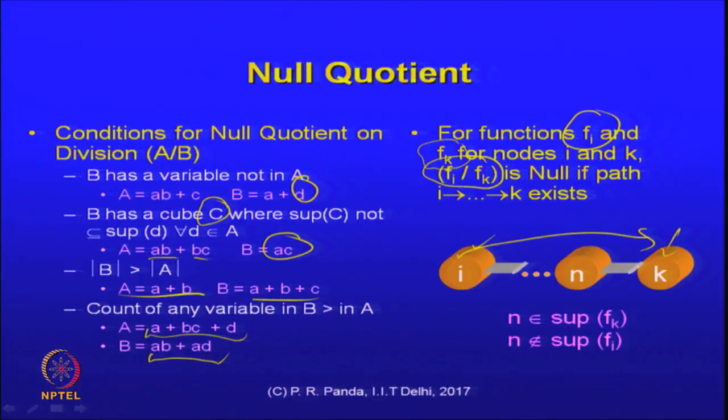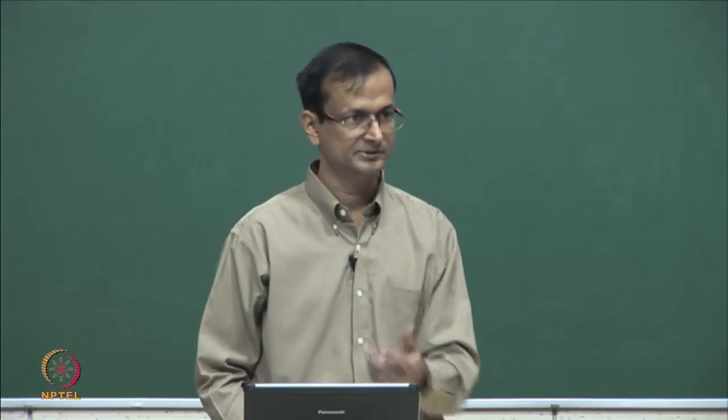Look at whatever is the previous node, the literal corresponding to that node is there in K, but it is not there in I. It is true even if this is just the immediate predecessor, then too that relationship holds. Of course, because this is the case, Fk by Fi might be okay, but Fi by Fk would not be, because you do not expect cycles in this graph anyway.